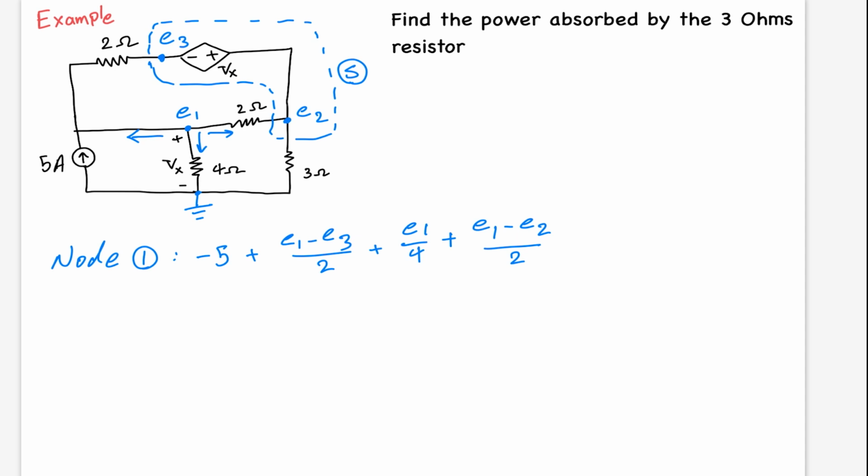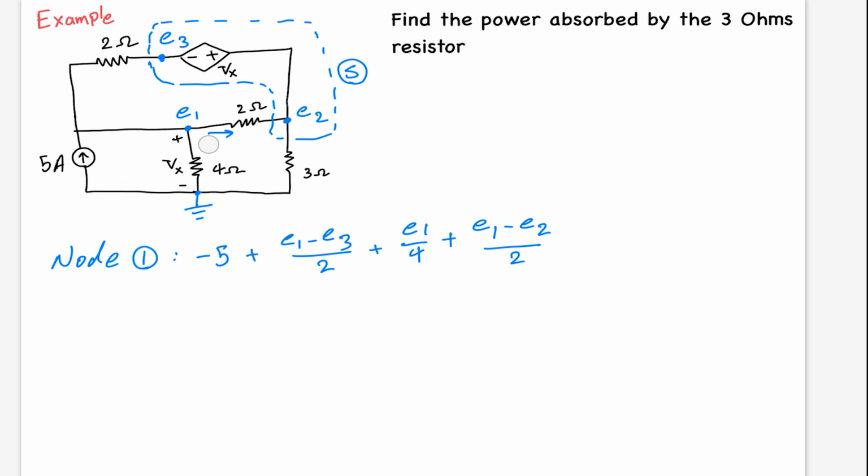So as you can see, we can decompose this current as two currents. One goes to the upper and the other one is going down. So this one will be minus 5, which we have written here. And this one is E1 minus E3 over 2 ohms, which is this one. Okay, so it's simple.